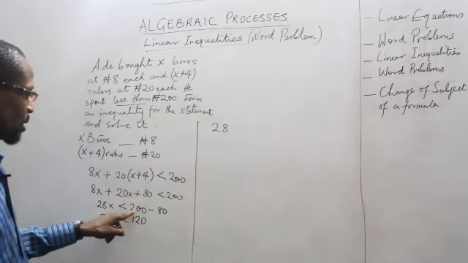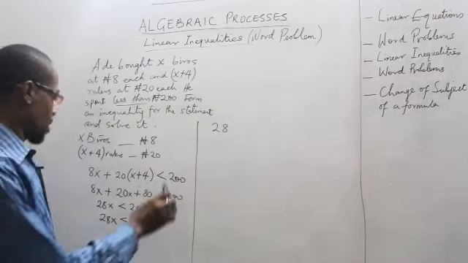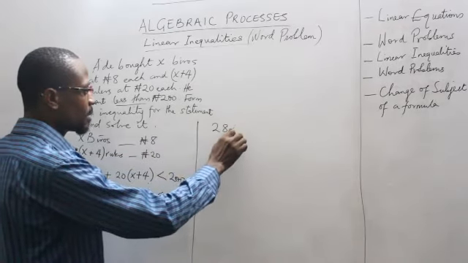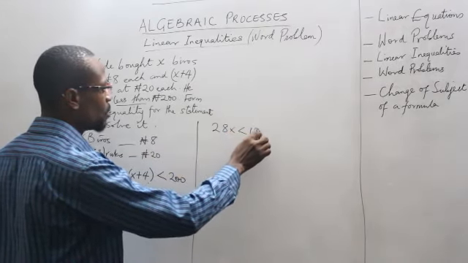How did we get 120? 200 minus 80. So here we have 28x to be less than 120.